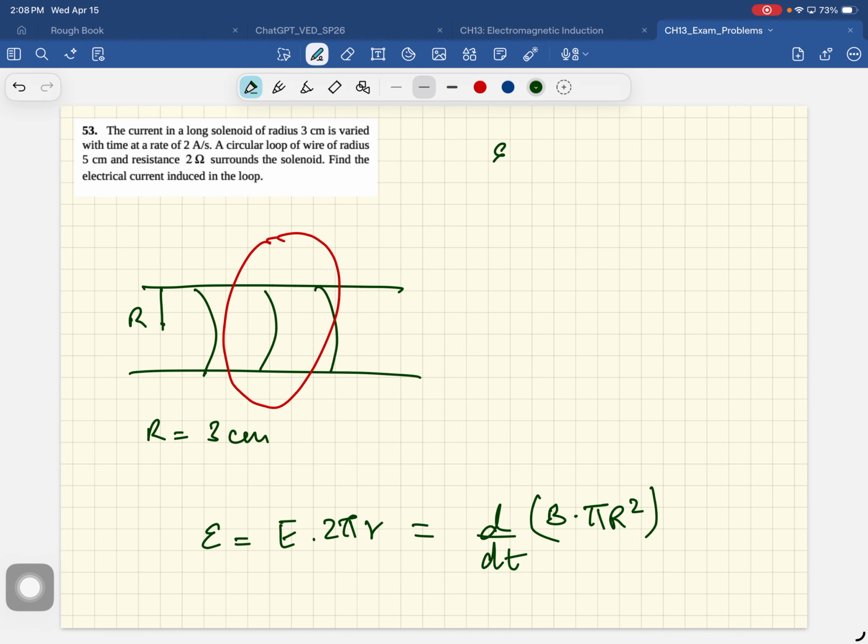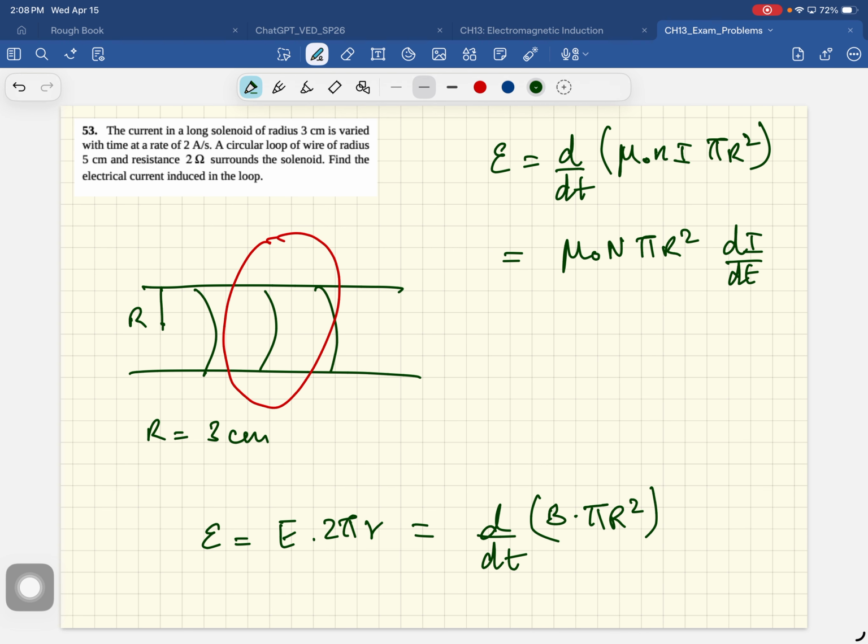The current would be the induced EMF divided by the resistance, 7.1 microvolts divided by 2 ohms, so it's 3.55 microamps. So as the current in this solenoid changes at the rate of 2 amps per second, the induced current in this loop, which is sitting outside, is 3.55 microamps.